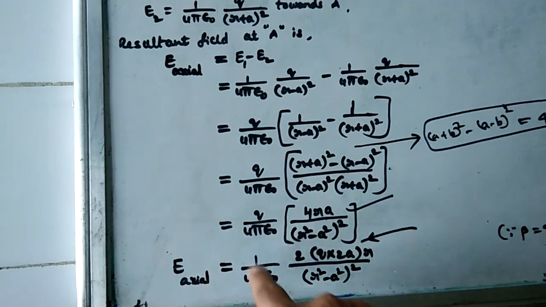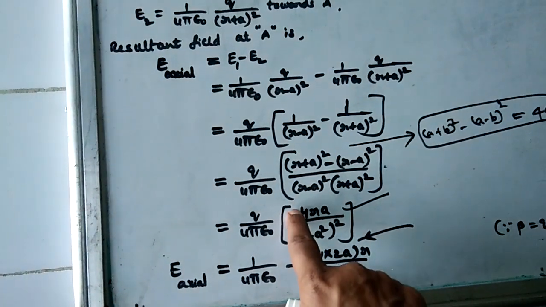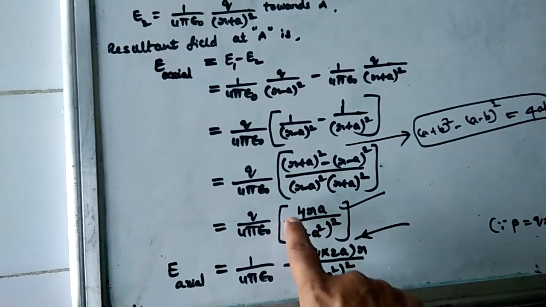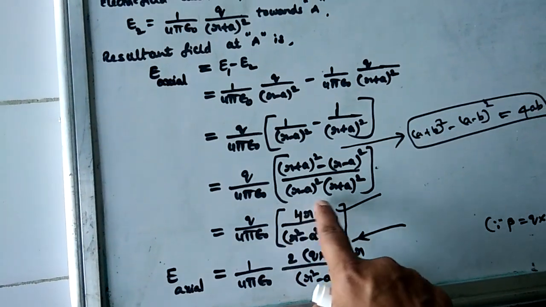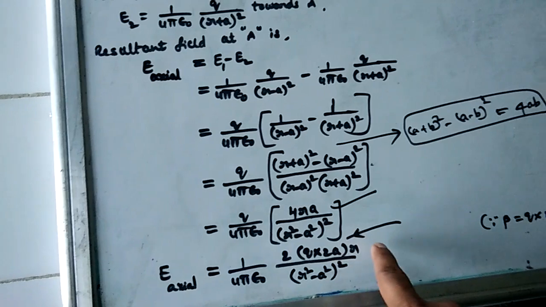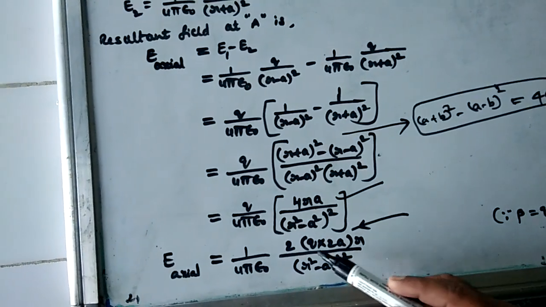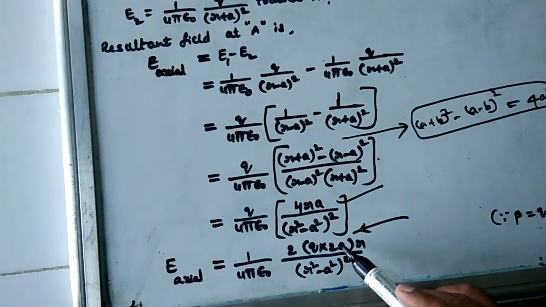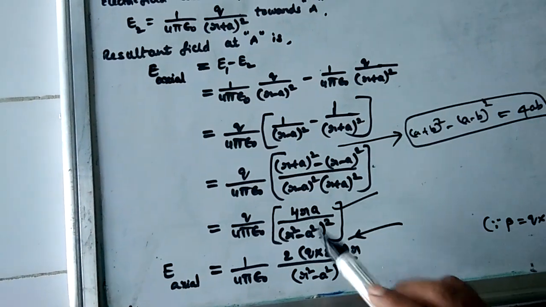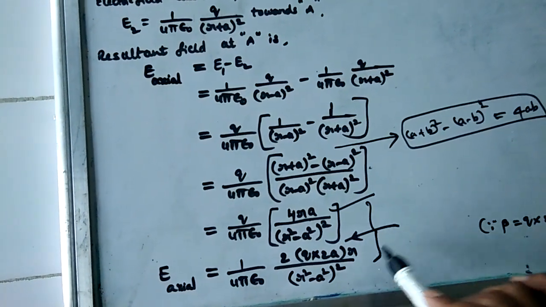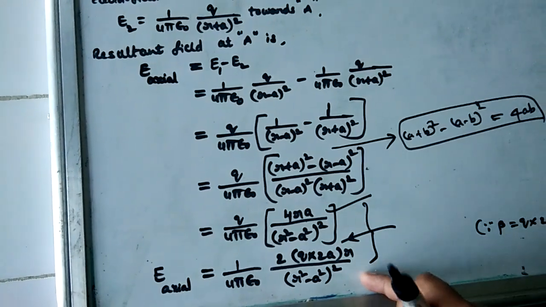So 1 by 4 pi epsilon naught. In this 4, I am writing 2 outside, and another 2 is pending. Q I am taking here, 2a I am writing like this, and R outside. 2 into 2 is 4. Just understand this step, rearranging the value like this.